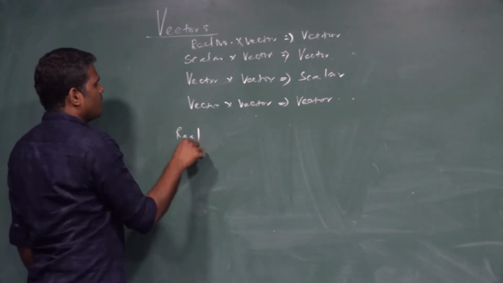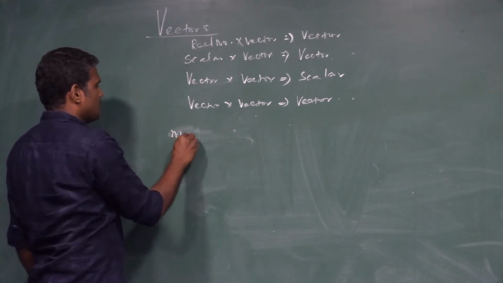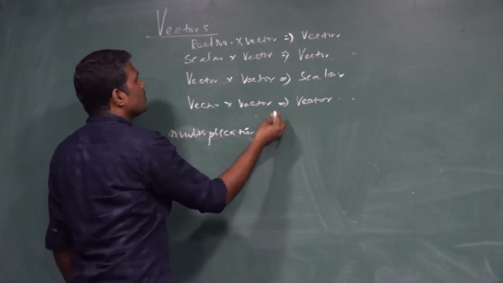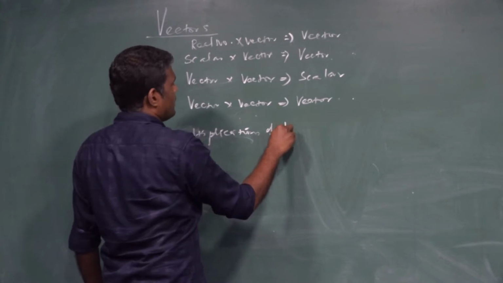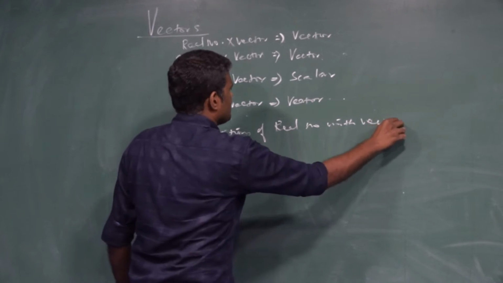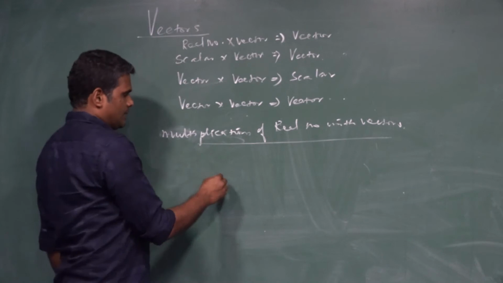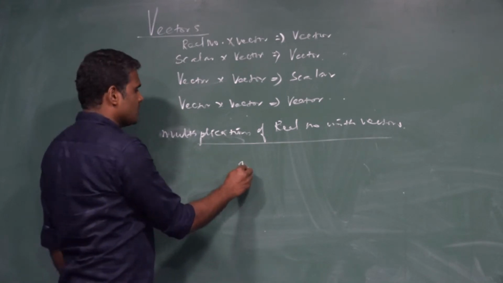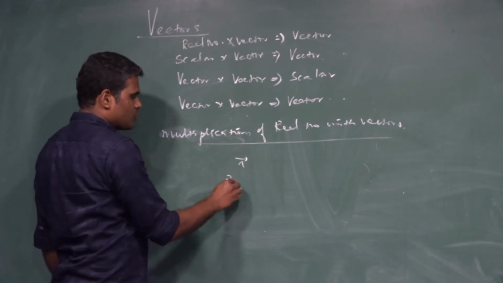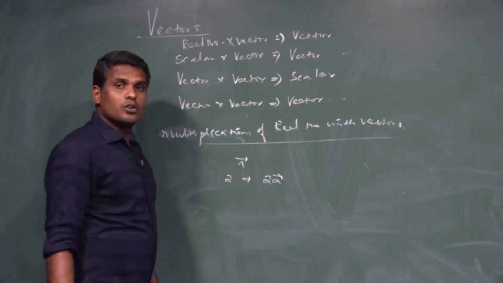Multiplication of a real number with vectors. Suppose a real number is multiplied along with a vector a, and the number is 2, then the resulting quantity will be 2a vector.